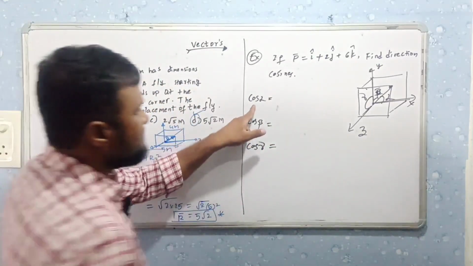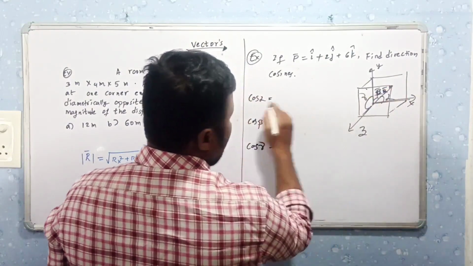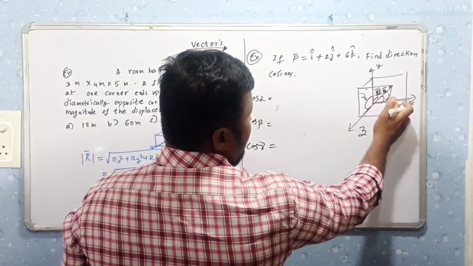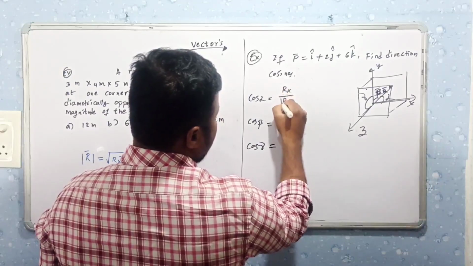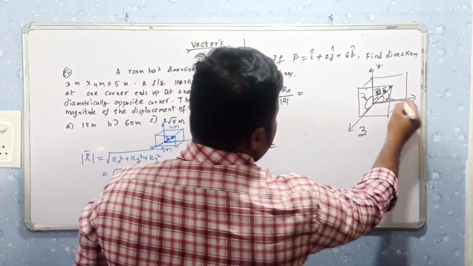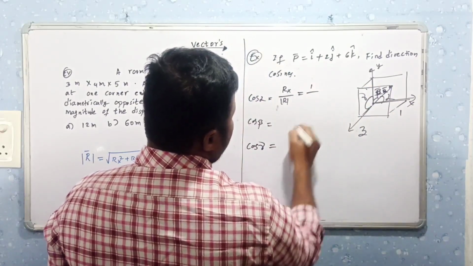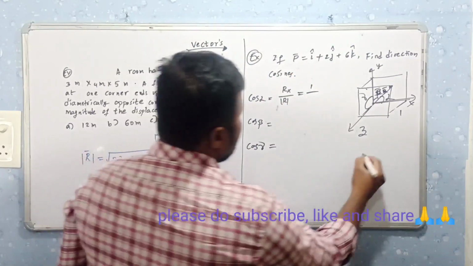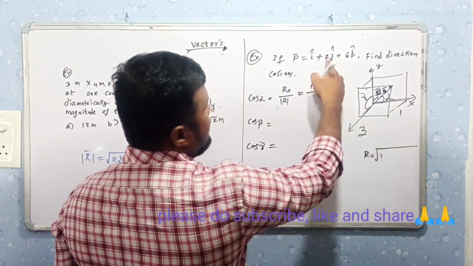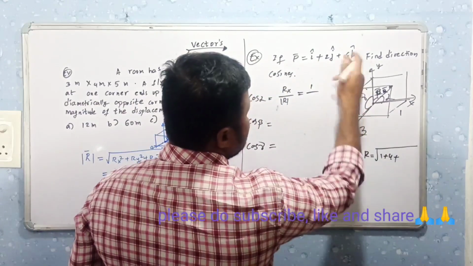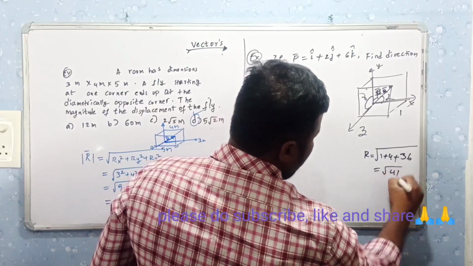Understand what is cos alpha? This is a resultant vector, position vector r bar, cos alpha is rx by mod r, rx by magnitude of r. What is rx along x-axis? That is 1 only. So 1 divided by magnitude of r. If I find magnitude of resultant, 1 square, 2 square is 4 plus 6 square 36, 36 plus 4 is 40 plus 1 is 41, root 41.